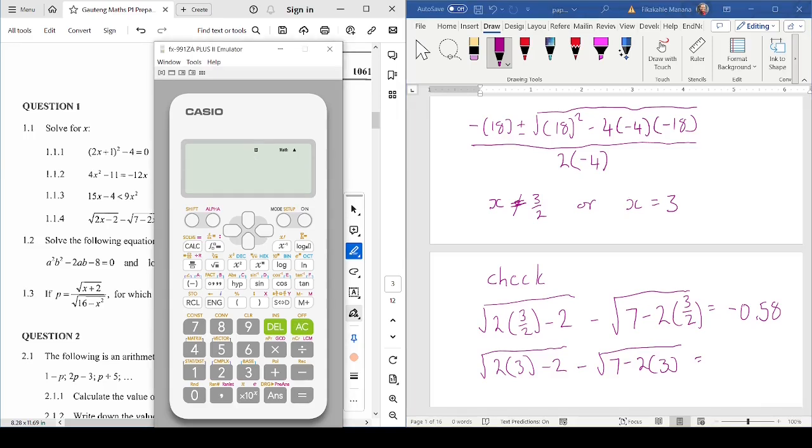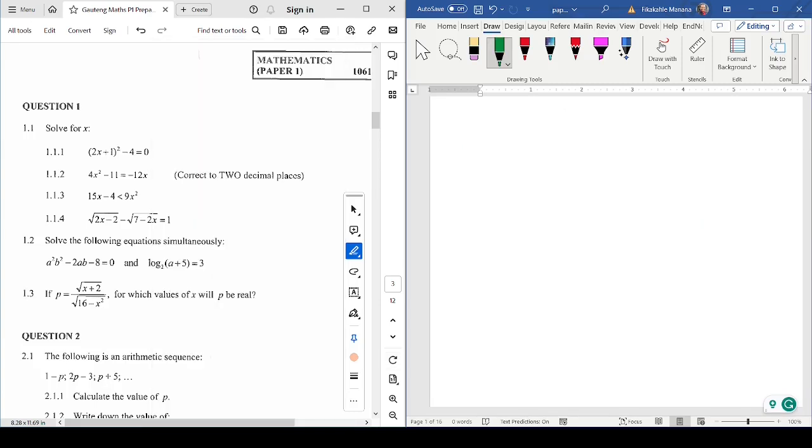Let's cancel everything. 2 times 3 minus 2, and then we go to the side, we say minus the square root of 7 minus 2 times 3. Look at that, it gives us a 1. So that's our answer: rejecting 3 over 2, and we accept 3.